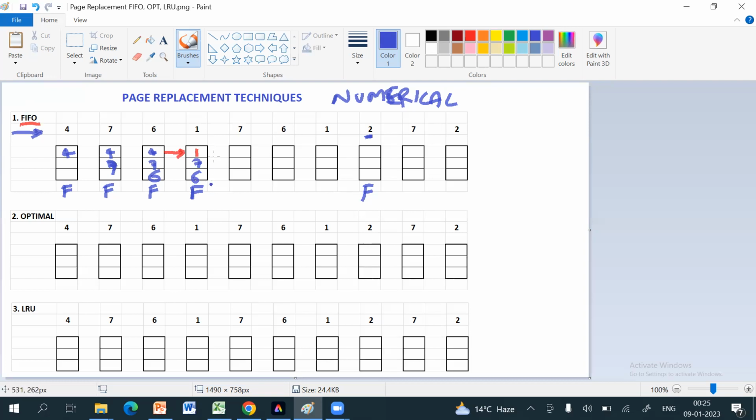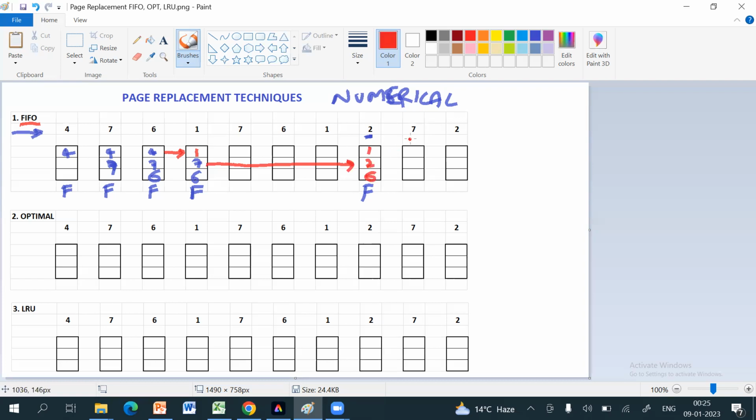There are 3 pages already, 1, 7, 6. Among 1, 7, 6, 7 came first. So 7 will be replaced with 2 here. So right now we have 1, 2, and 6.